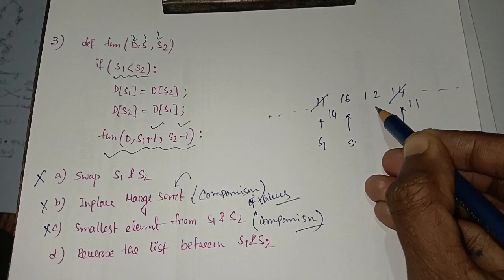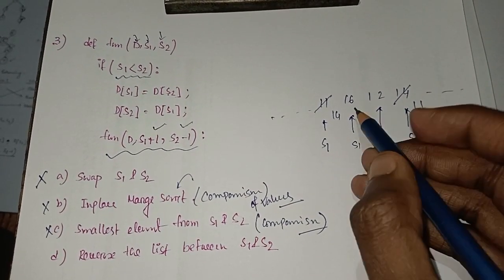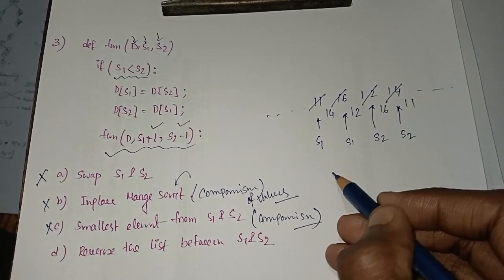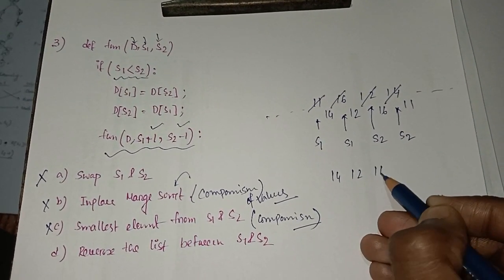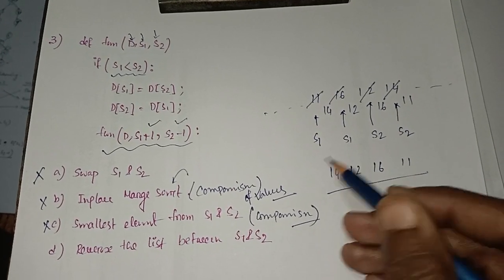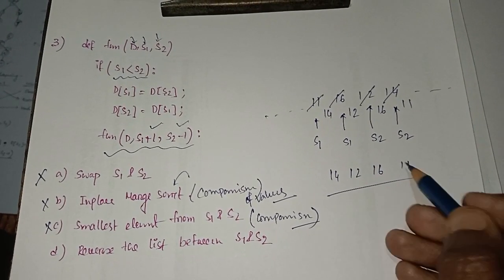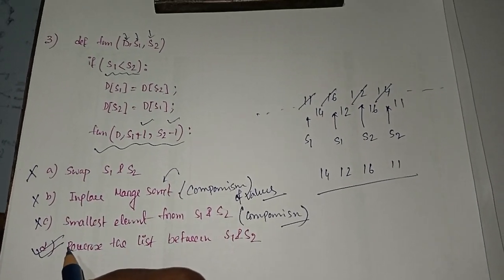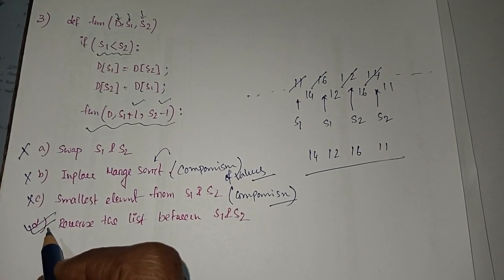Then s1 and s2 move inward, and 12 goes here, and 16 goes here. So we get the list like this: 14, 12, 16, 11. So we have to reverse the list between the s1 and s2 pointers. So the correct option is option B of this question.